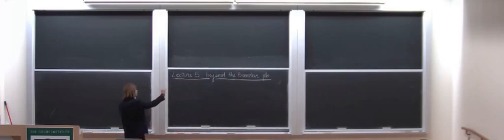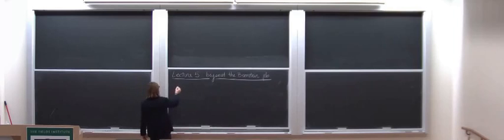So if you remember, the Bernstein problem was the following. We were considering maps, say in C1, from R^n to R, solving the minimal surface equation, so solving the following quasi-linear elliptic problem.